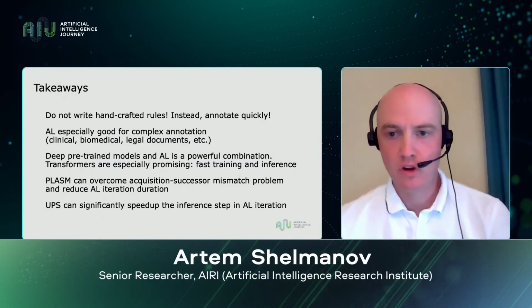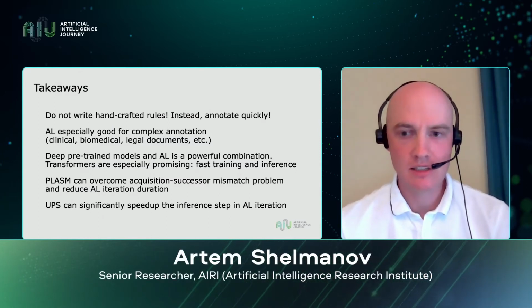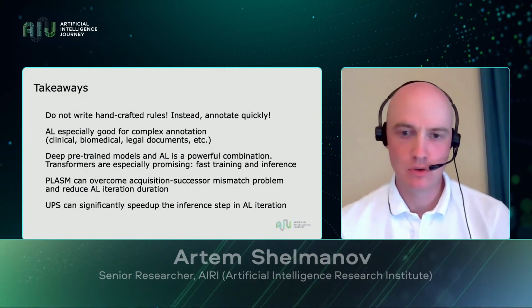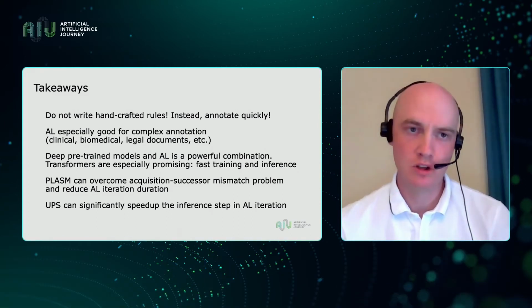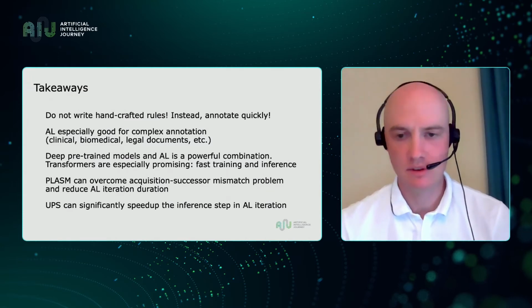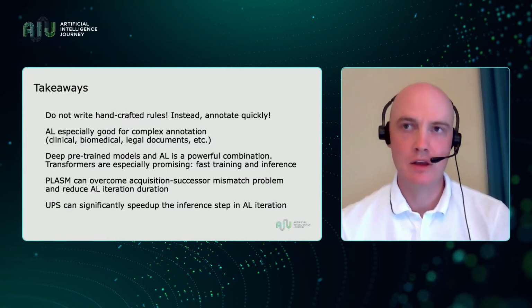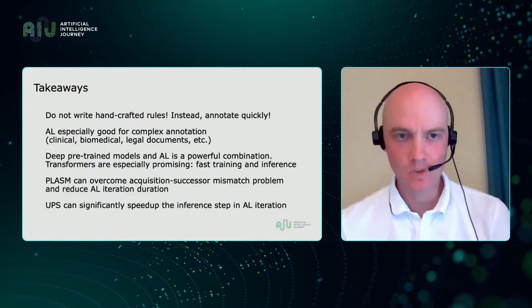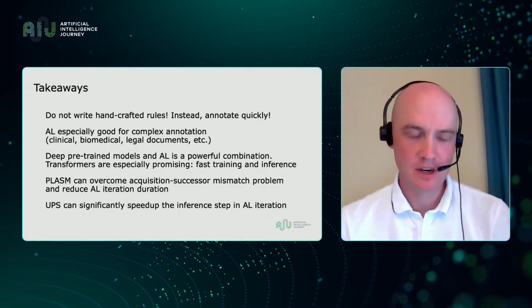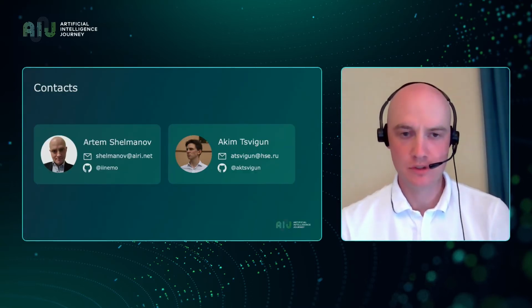Third, our algorithm allows us to accelerate iterations of active learning, which makes the technology more interactive and applicable in real life. And finally, our methods allow us to create active learning as a more universal technology. That's it. Thank you very much. These are all the takeaways, and we are ready to take any questions you might have.